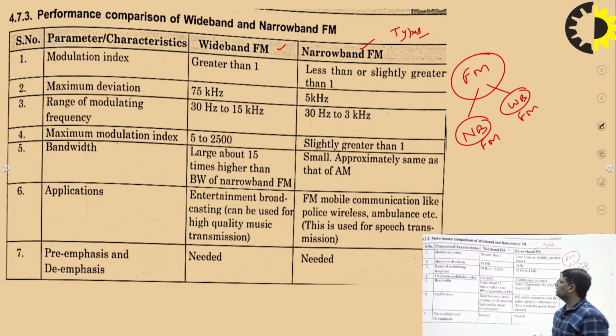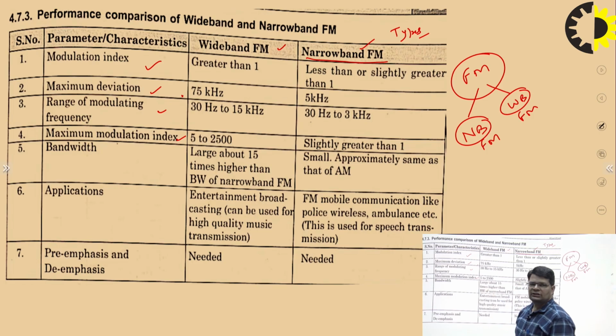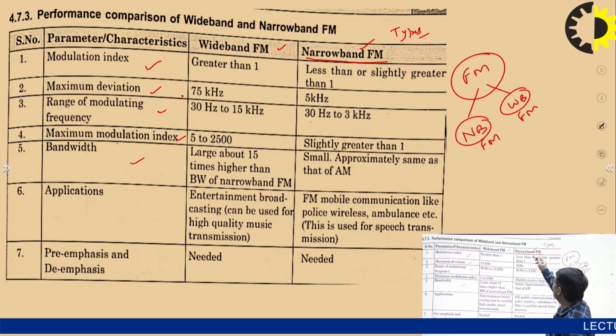For example, in narrowband FM, all the values corresponding to modulation index, maximum deviation, frequency deviation, range of modulating frequency, maximum modulation index, bandwidth, etc. will be in the lower range, and all these values will be on the higher side in the case of wideband FM.